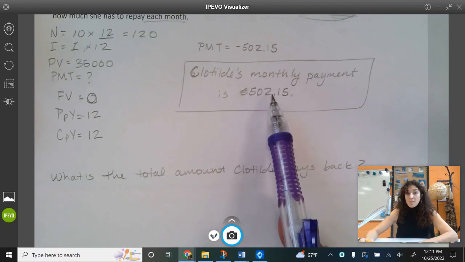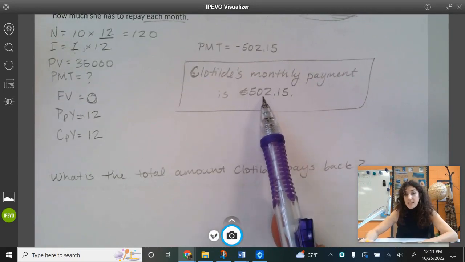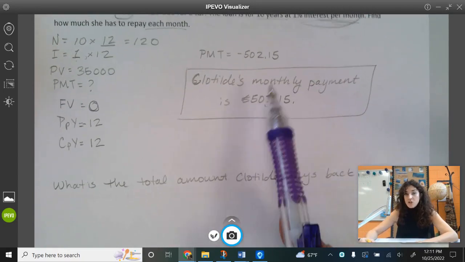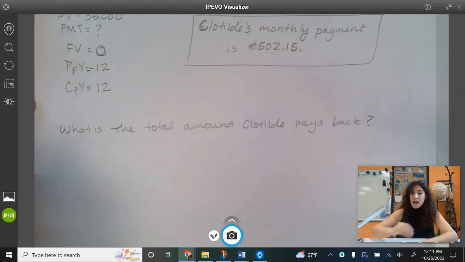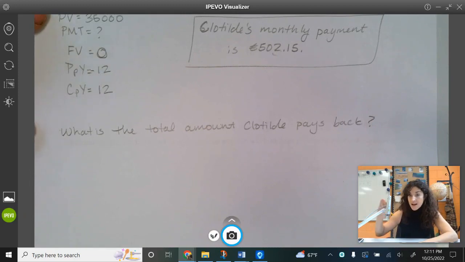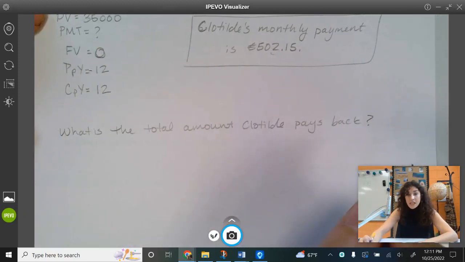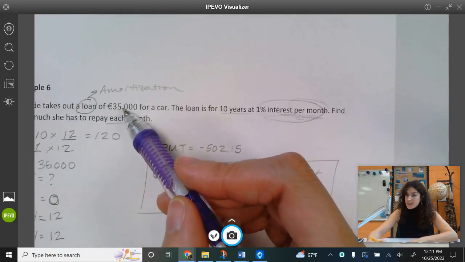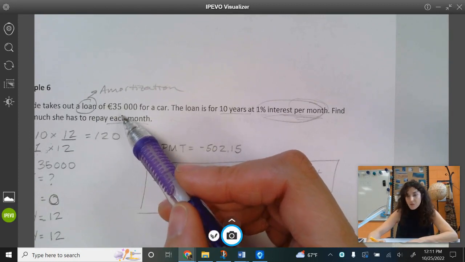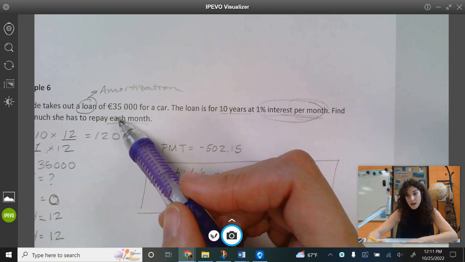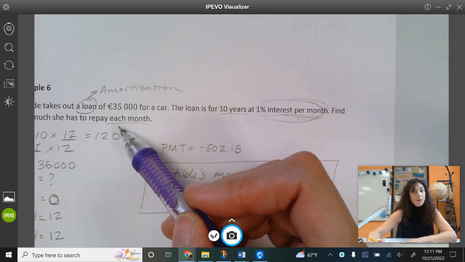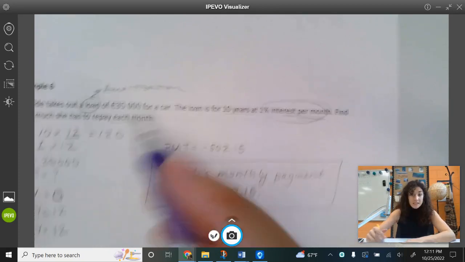Well, we know how much Clotilde pays per month, and we know that she pays that 12 times per year, and she did that for 10 years. So if I want to know how much she pays back over the course of the entire loan, you might think it's $35,000. Except for, why would a bank loan you money if they're not going to be making money off of loaning you money? You are not paying back $35,000. You are paying back more than $35,000.